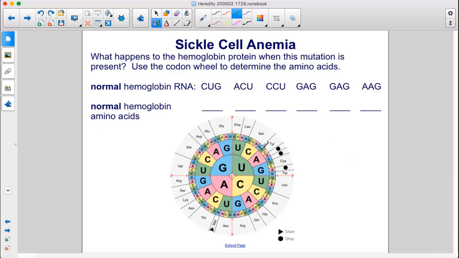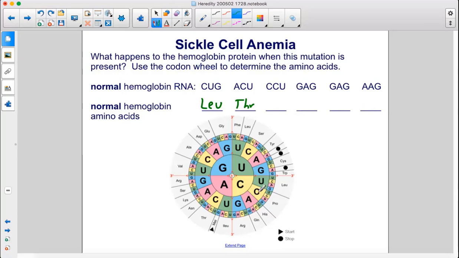Use the codon wheel to determine the amino acids. Alright, so CUG. We start at the center. C, then U, then G gives us LEU. ACU gives us THR.